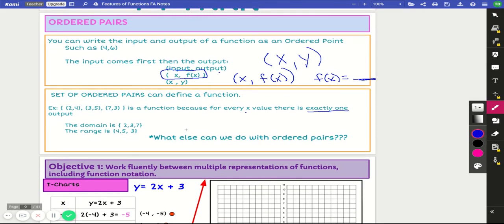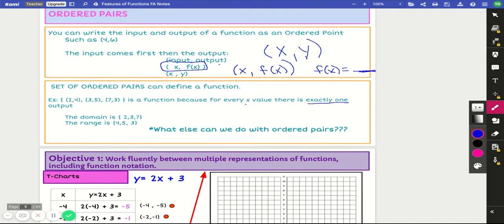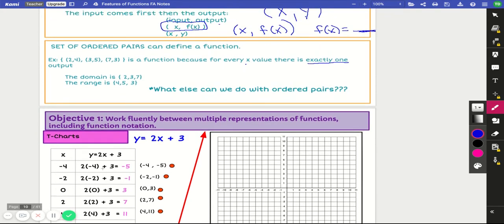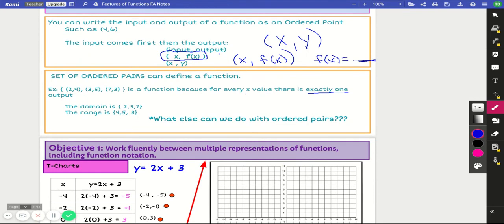We can use them to find the answer to an equation. Again, many things we can do. So I'm going to pause here, and this will be part 1 of this set of notes.